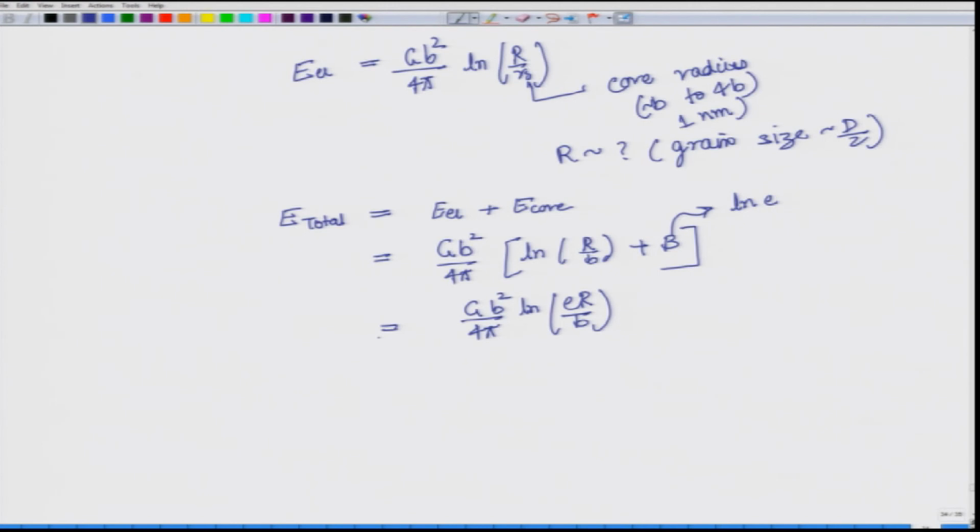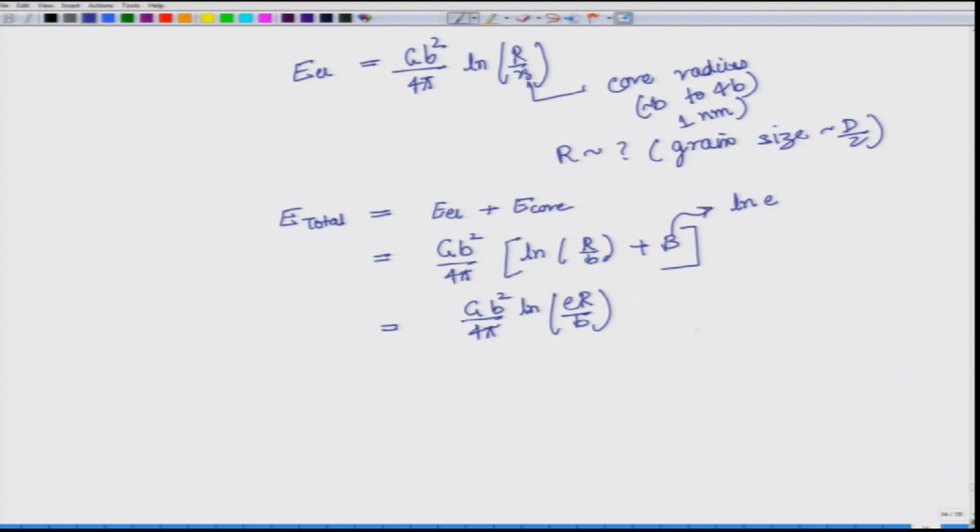So, now we have a relation with certain assumptions, where the assumption is that the core energy is represented by G b square by 4 pi times this constant B, and then we said that B is equal to ln e, and therefore, the core energy relation comes out something like this.